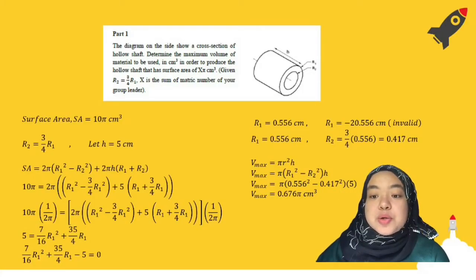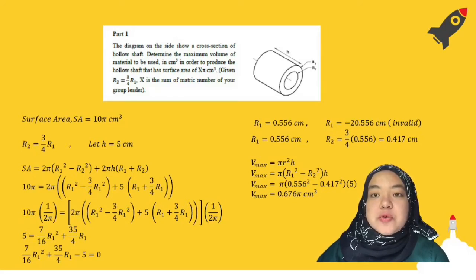In part 1, we have to calculate the maximum volume to produce a hollow shaft. In order to calculate the maximum volume that has a surface area of 10 pi cm squared, we need to find the radius r of the shaft first by assuming the value of h, which is 5 cm, and substituting the values into this formula.